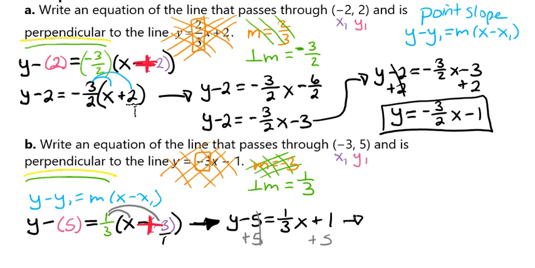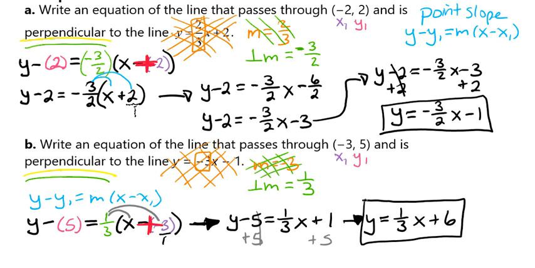And so that is going to give us y equals 1/3 x plus 6. And so this is going to be the equation of the line that goes through the point -3, 5, but is perpendicular to the line y equals -3x minus 1.